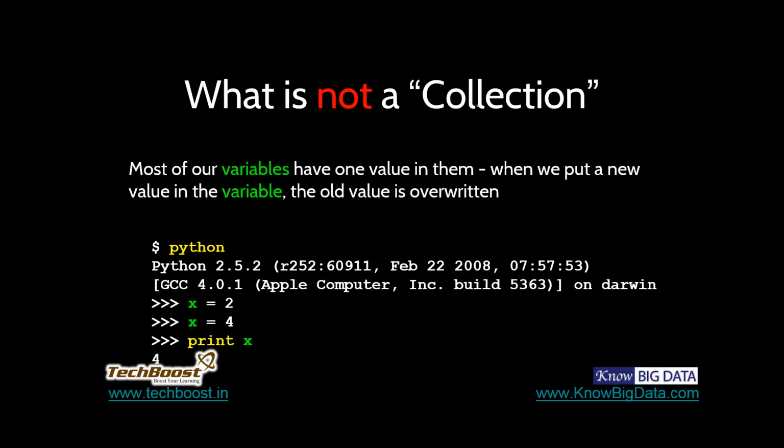What is not a collection? So most of our variables have one value in them. Variables are not a collection, in fact. So you define x is equal to 2. x is referencing an object which has the value 2 right now.